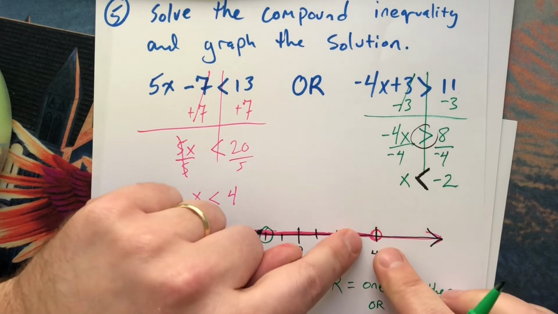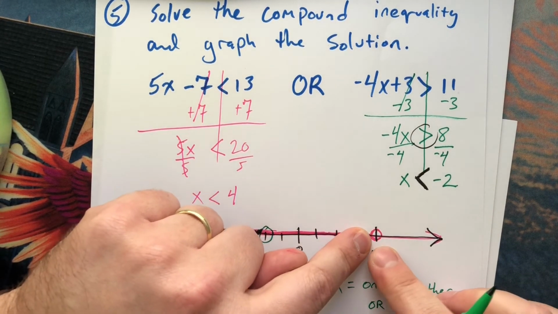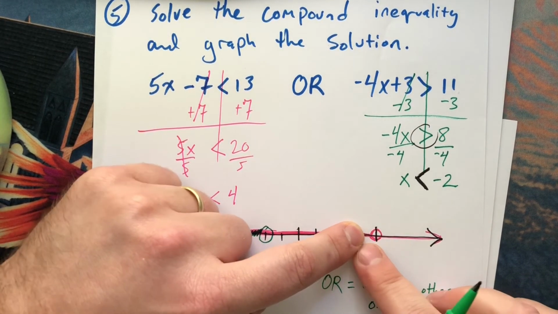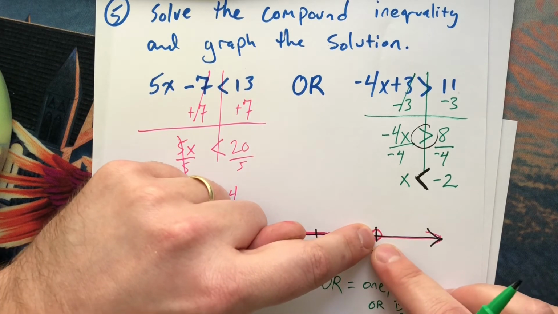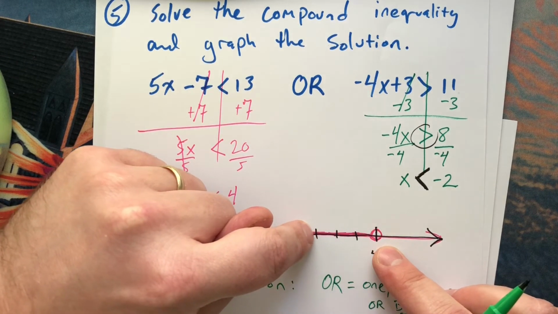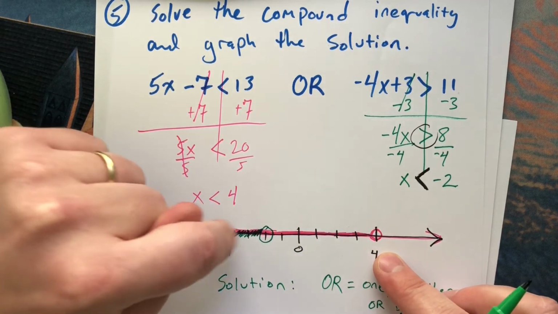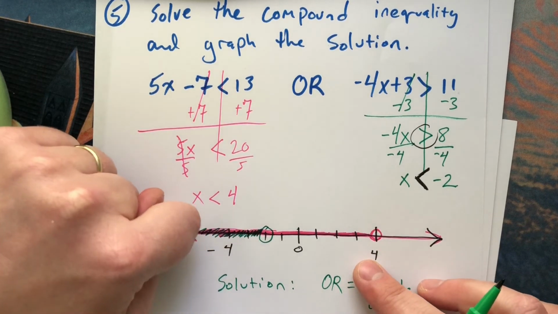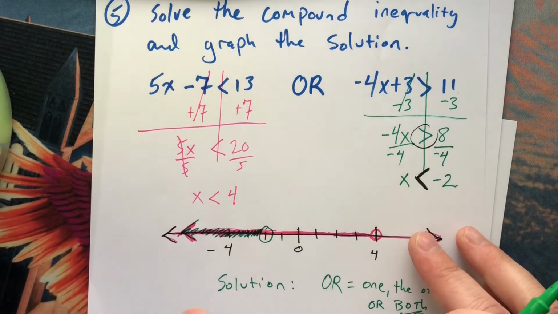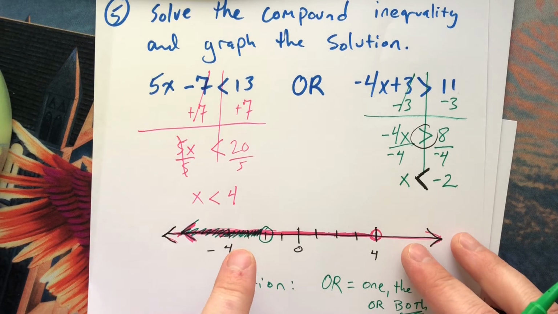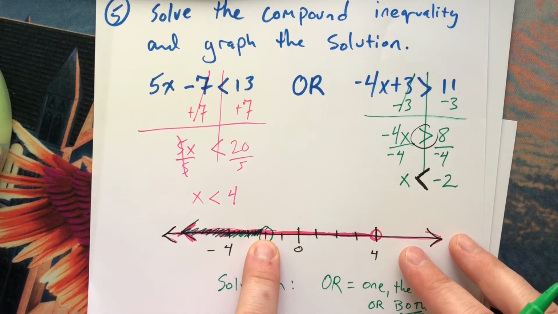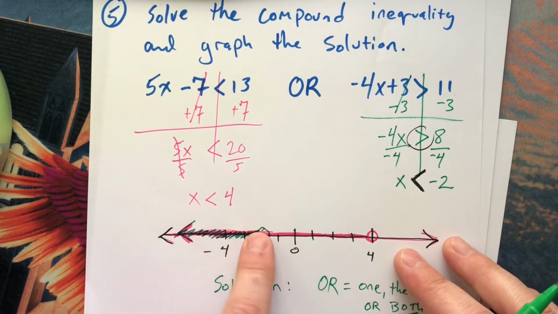So we can say, I have one of them that starts just up to 4, but not 4. So open circle on 4, and goes forever. The other one starts at negative 2, goes forever. Can I include negative 2 in my final solution? Well, the green one is not there, but the pink one is.